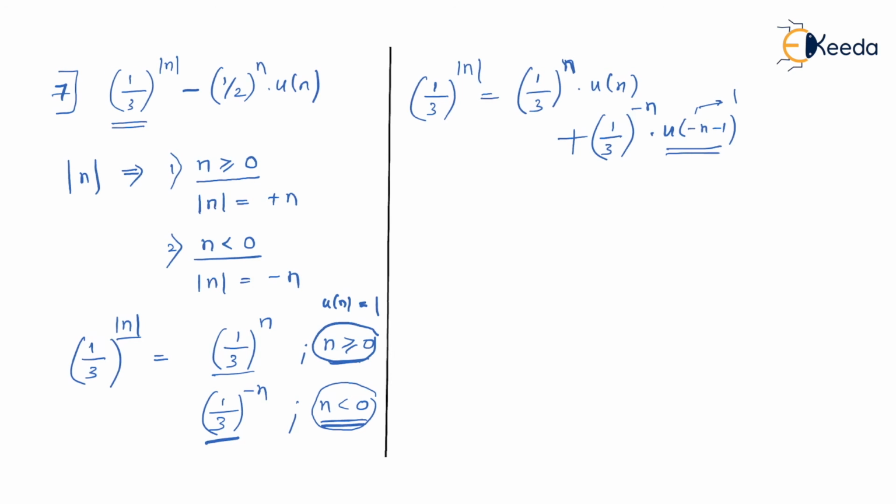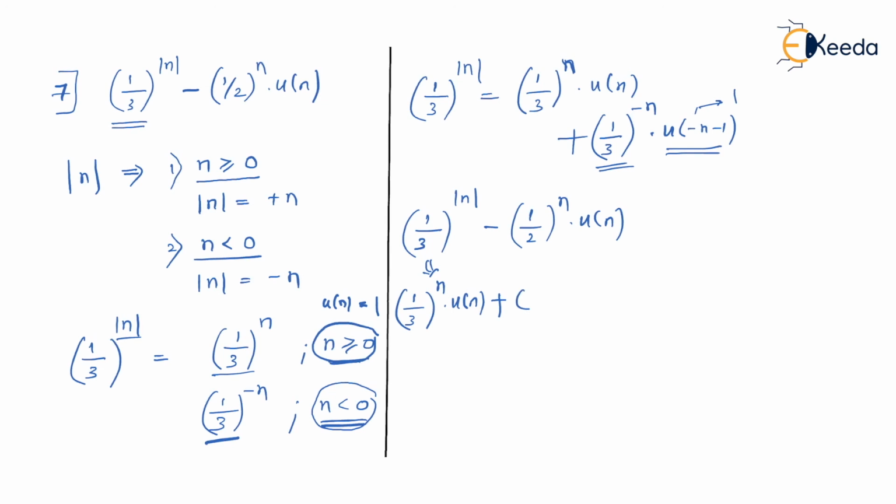So let me now expand my question properly. The question was 1 by 3 to the power mod of n minus 1 by 2 raised to n u of n. So we have expanded this way, that is 1 by 3 to the power n u of n plus, so 1 by 3 to the power minus n can be written as 3 to the power n u of minus n minus 1.